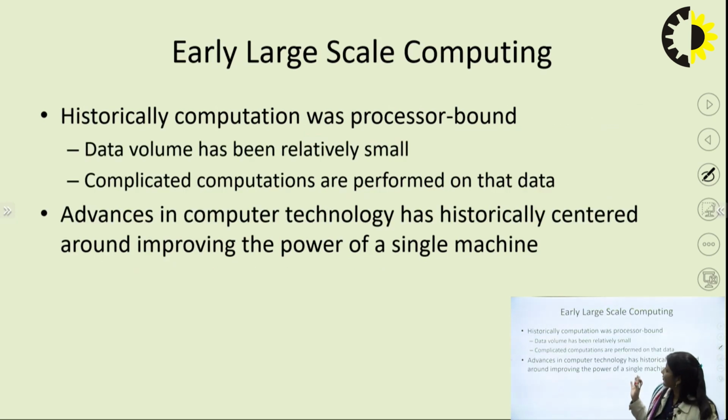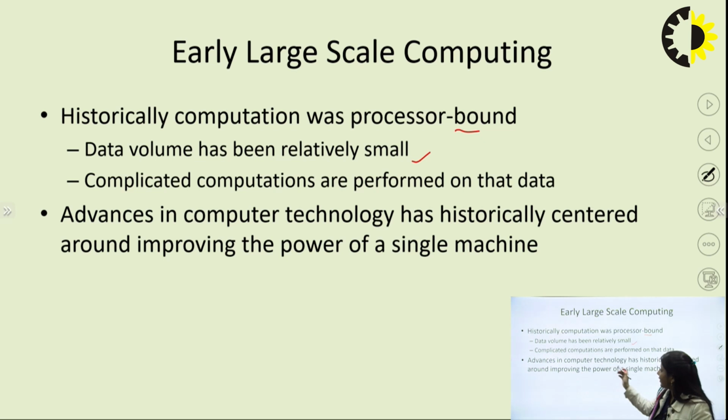So what is early large scale computing? Historical computation was processor bound. Processor bound means the data volume was relatively small and complicated computations were performed on that data. So systems are processor bound because we have one PC and we perform that task on that PC. So we have limited space, and for complicated computation it will take very much time and be less efficient.